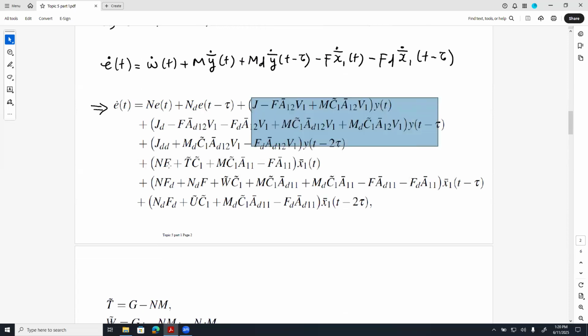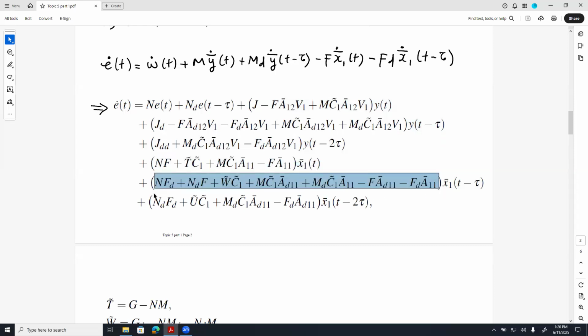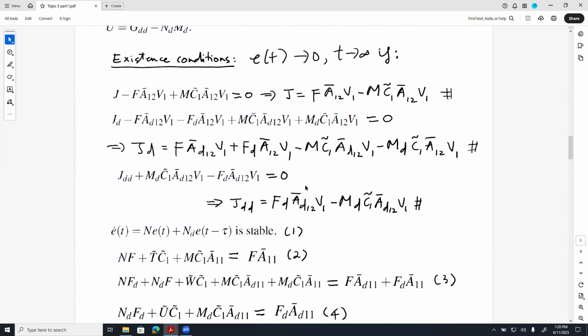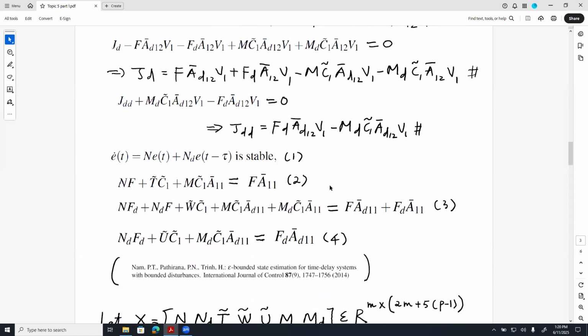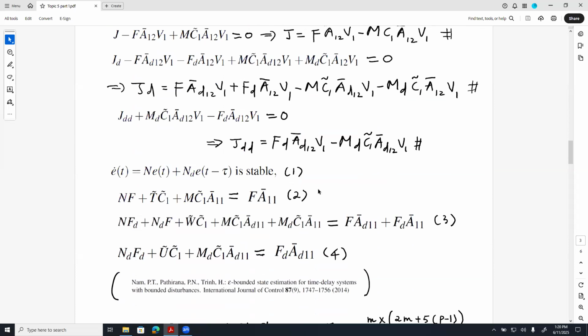And then we say, how about this matrix equation? If it is equal to zero, then that is gone. And the same here. If this one is zero, then this one as well. So that's where we got the following conditions. The first thing is that this equation is zero, which means that we have this matrix equation.